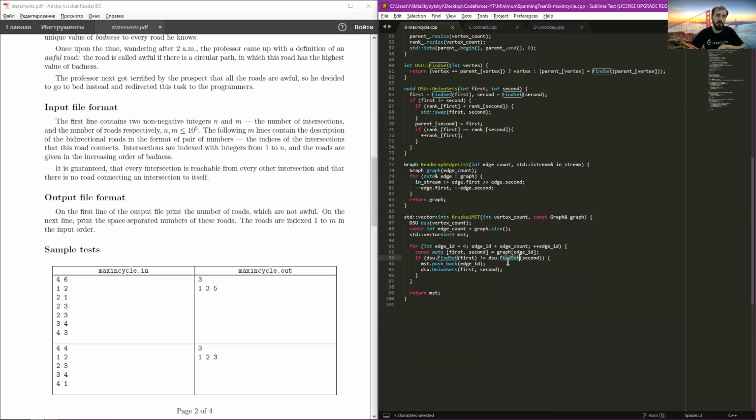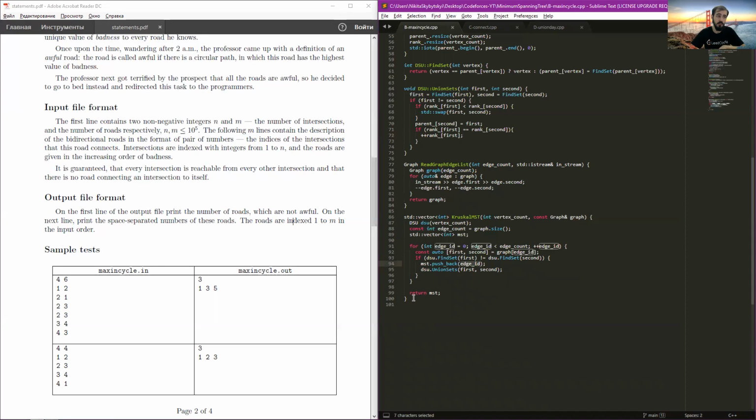We check whether or not this edge connects two different components. If it does, then this time around we are tasked with outputting all edge IDs of edges in MST. So we add the edge ID.